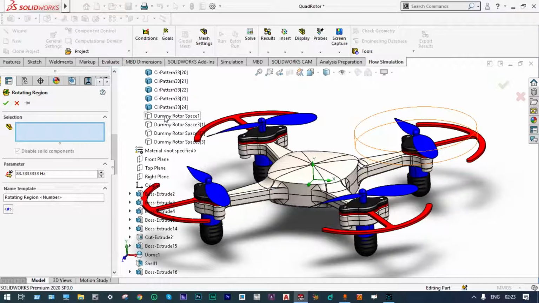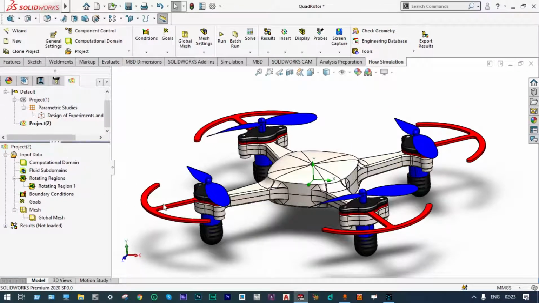First one is this one. 5000 RPM is equivalent to 83.33 Hz that we provided here. That will be rotating in the anti-clockwise direction, counterclockwise direction, with angular velocity of 5000 RPM or 83.33 Hz. Done.